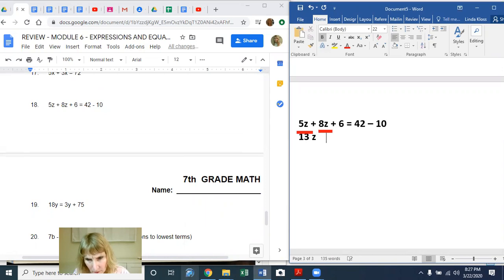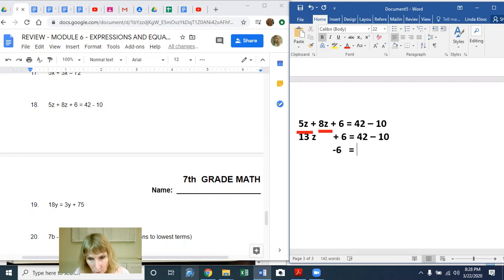So now I have 13z plus 6 equals 42 minus 10. Now I have to get this 6 to the other side of the equation. So I'm going to subtract 6 from both sides. Minus 6 equals there.